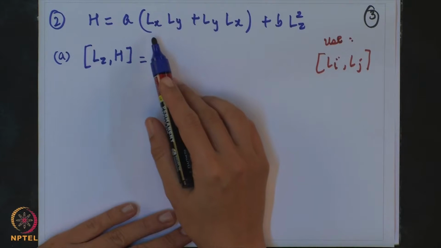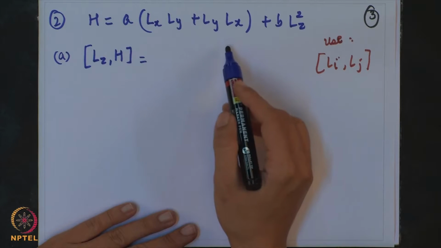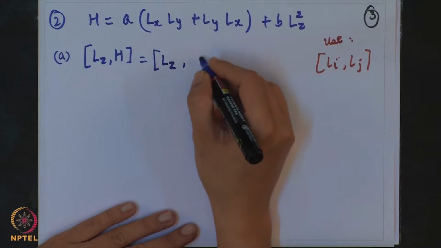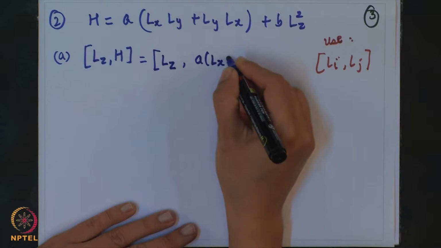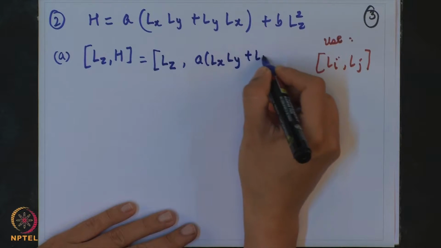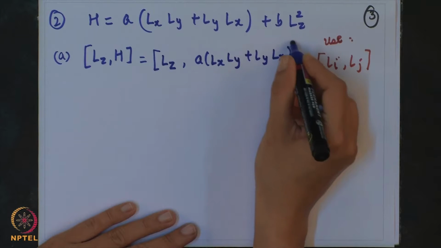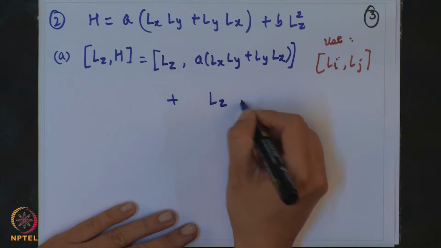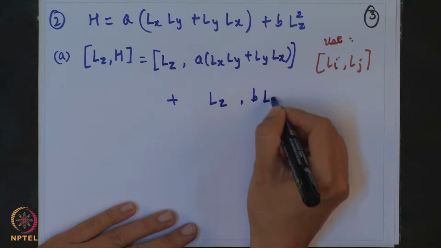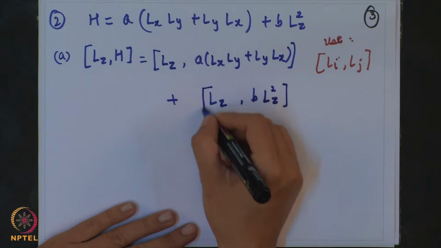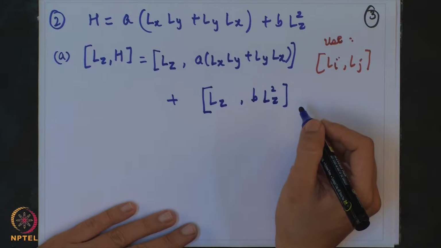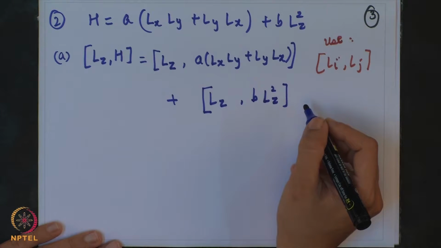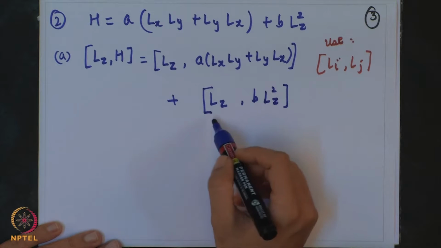And you will substitute for H over here. So, let me write one more step and then leave it for you all to evaluate. Ly Lx, this will be the first term, and the second term would be B. So, this will be the second term, and you can evaluate these terms, right.